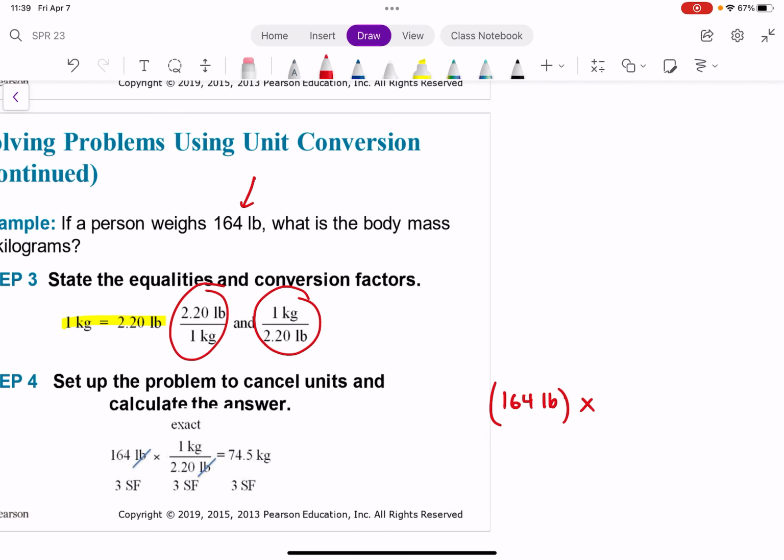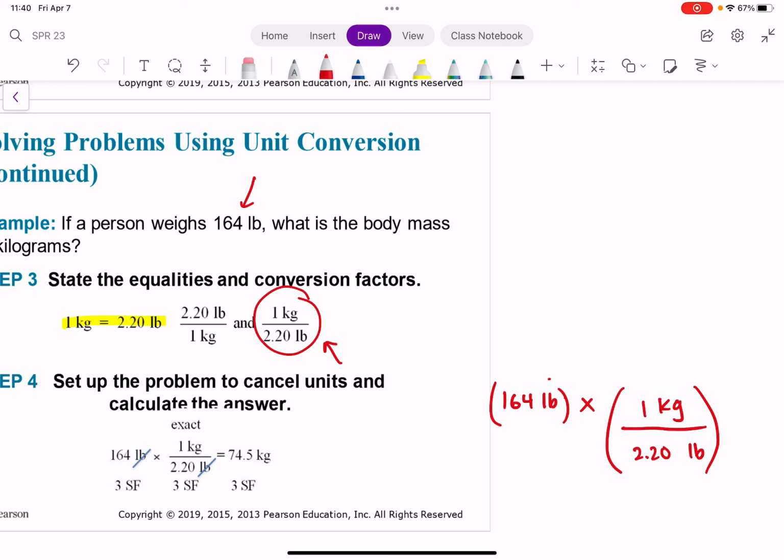So if I wanted to cancel out pounds, where does pounds need to go? On the bottom or on the top? Which conversion factor do I need to use if I want to cancel out those pounds? Yeah, I got to use the one where the pounds are on the bottom. Okay, so 2.20 LB is equal to 1 kilogram.